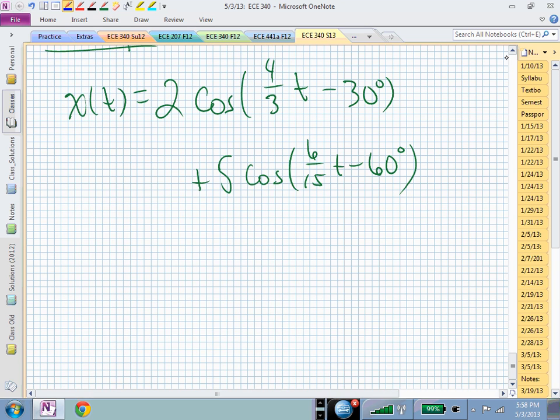Now I might ask, find the Fourier series of that x of t, or I might say, can you tell me, find the fundamental frequency if it exists, and if it does, what harmonics do these two pieces of x of t represent?